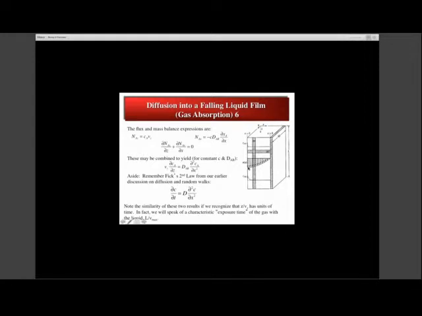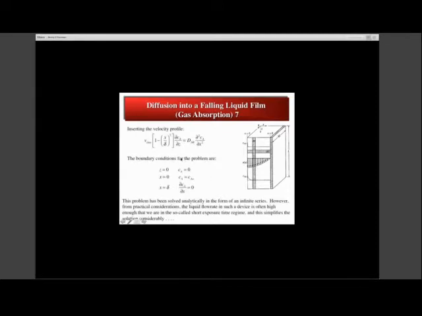You can imagine that that is the time that the liquid that is sitting at the top edge of this layer is exposed to the gas for mass transfer to occur, L over V max. But let's get back to solving the problem we were at before. We'll loop back around to this analog with the transient problem in a moment.